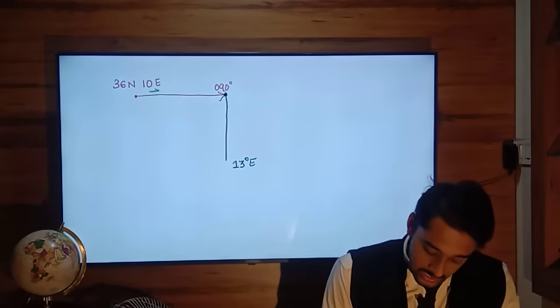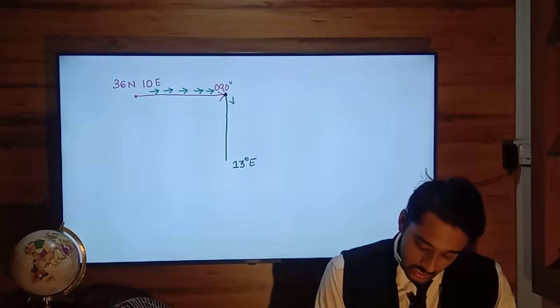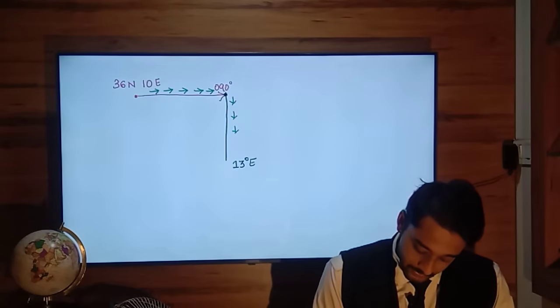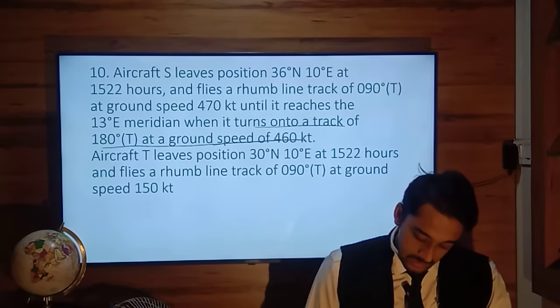From here the aircraft flies a 090 heading. Then it turns in a southerly direction. Let's write the speeds.